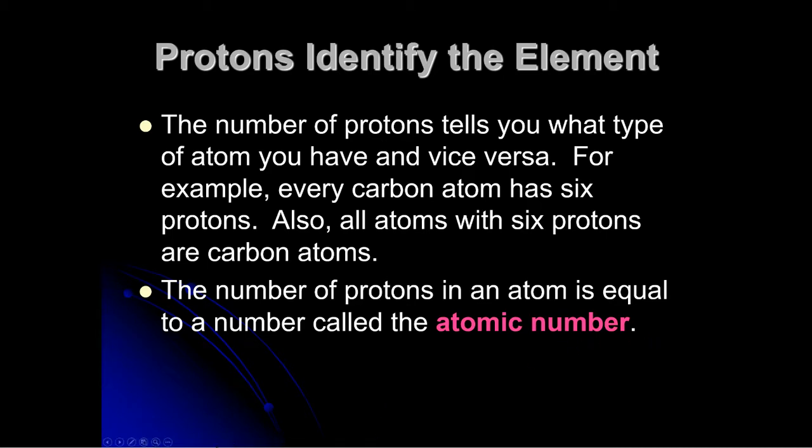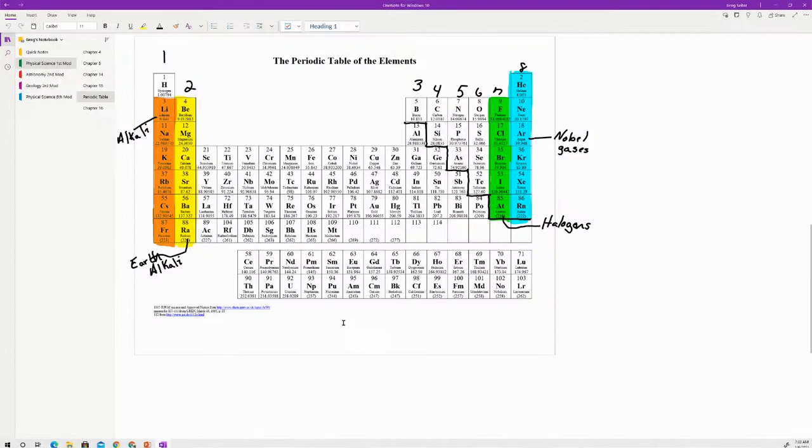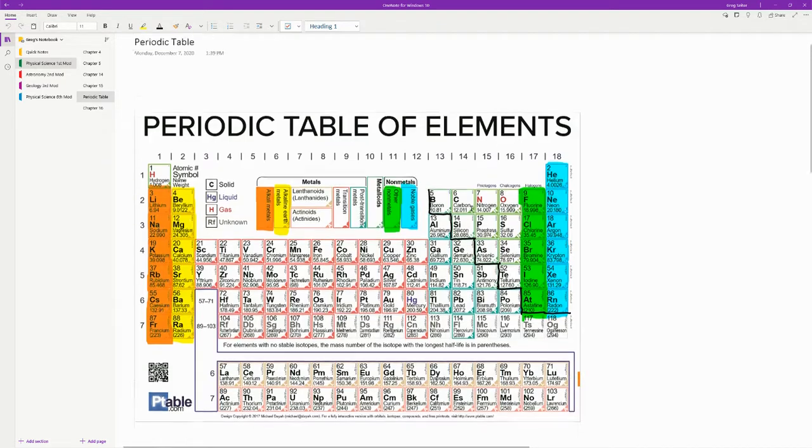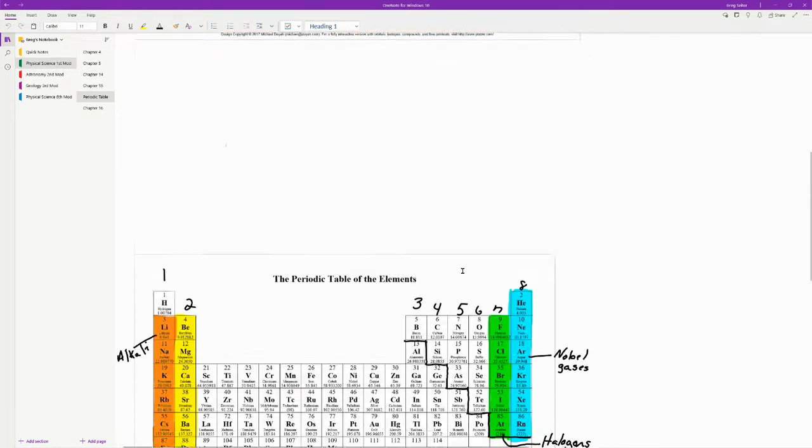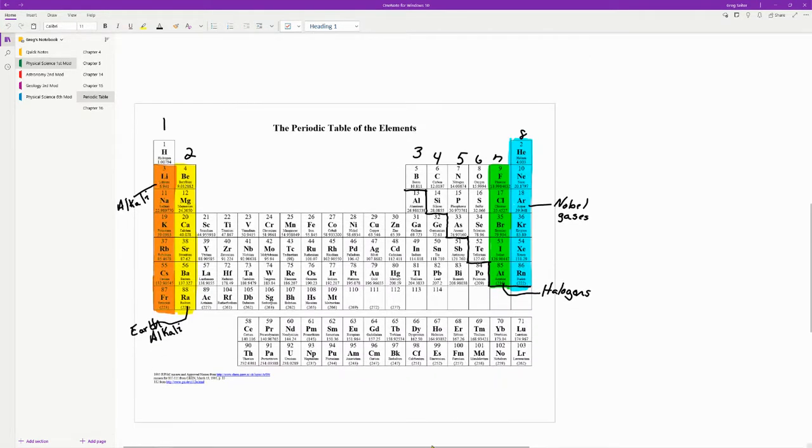Once again, I know I keep going back and forth, but this is my atomic number: 81, 82, 83, 84. It's the same thing on this one. All of these, the atomic number is the number of protons.